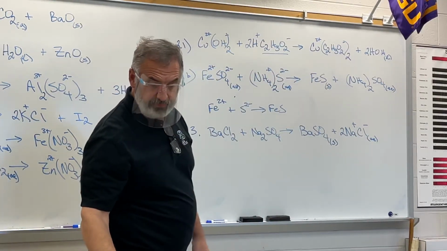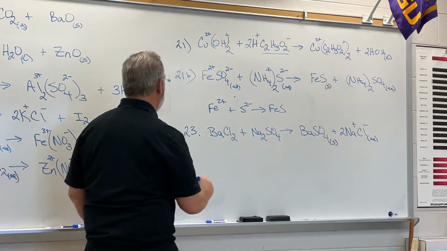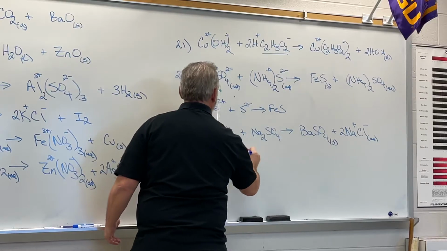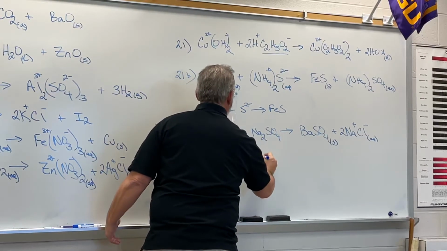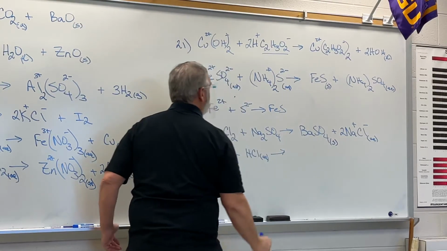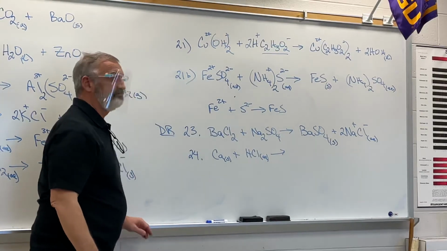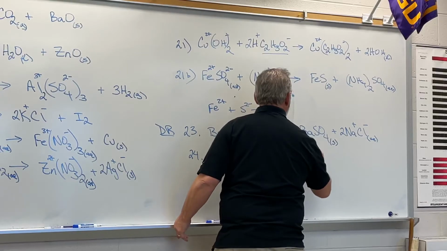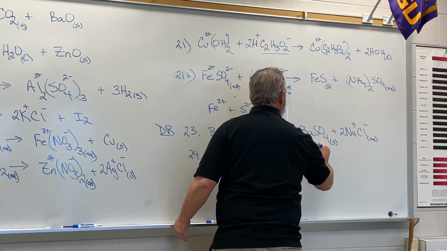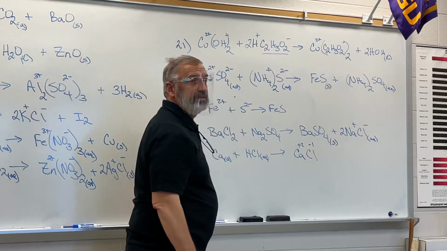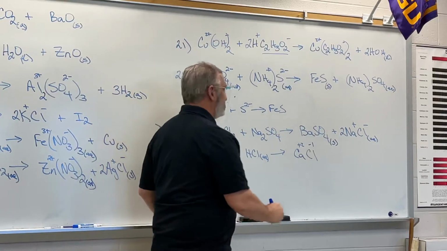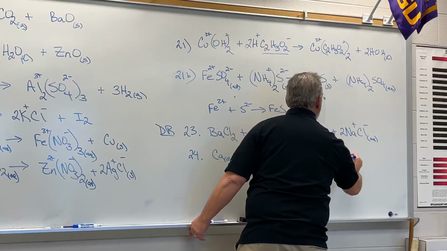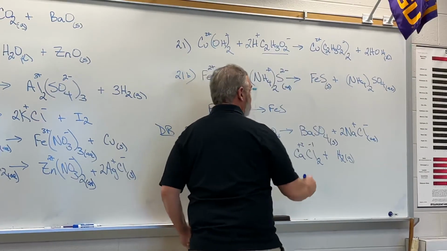24, calcium plus hydrochloric acid. What's it going to make? Calcium chloride and hydrogen. Calcium chloride, which is plus 2 and minus 1, so it's going to be CaCl2 plus hydrogen gas, and we know hydrogen's one of the diatomics.